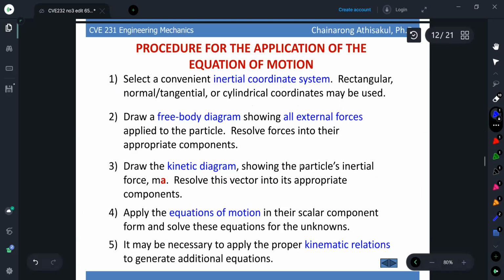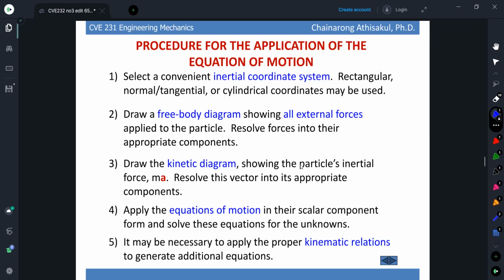So when we have to solve a problem, the procedure is to start by selecting a convenient initial coordinate system. We may solve in rectangular components, normal and tangential components, or cylindrical coordinates. That depends on the problem.